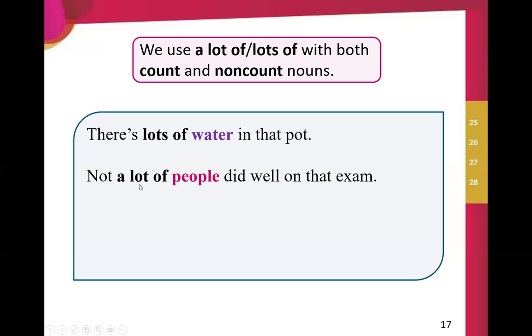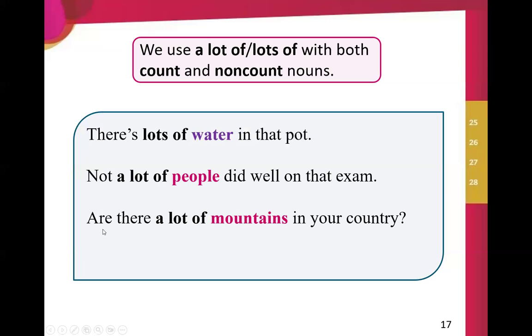Not a lot of people here, a countable noun, did well on that exam. Are there? So are refers to a countable noun and it should be a plural one. So are there a lot of mountains? Mountain and another mountain, another mountain.